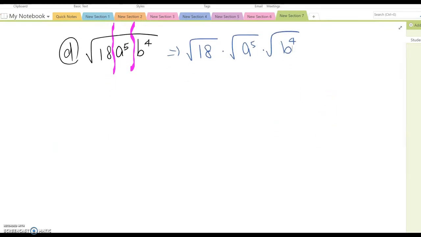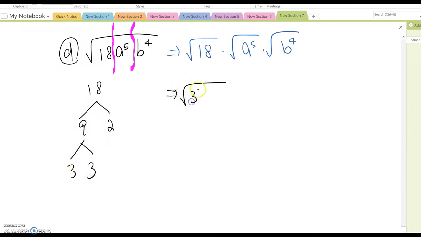Since it is the square root, you can take out any number squared, or any variable squared will come out as a single variable. So 18 means 9 times 2, so it becomes 3 times 3. Therefore that becomes 3 squared times 2.